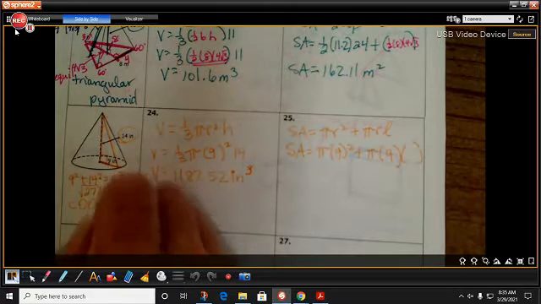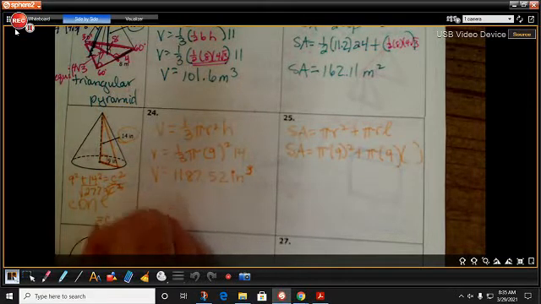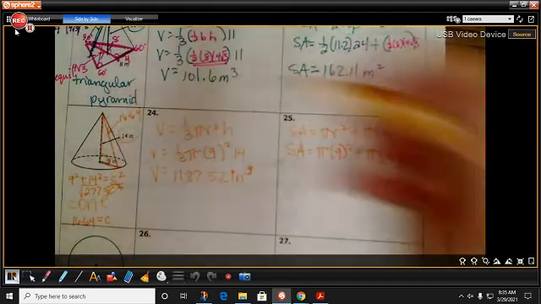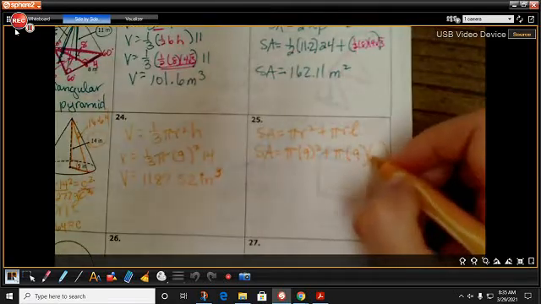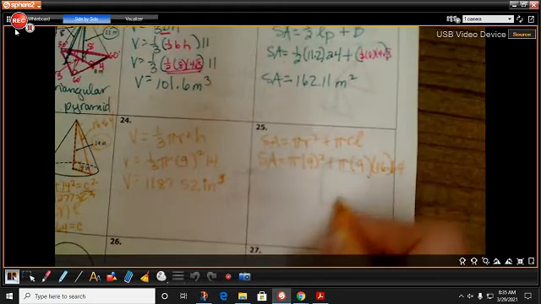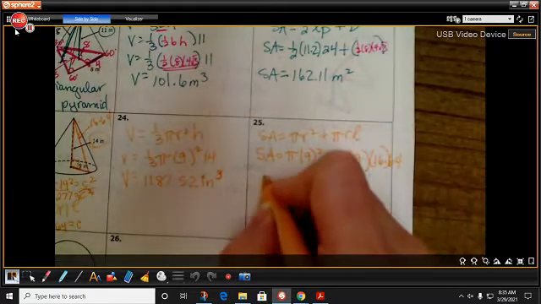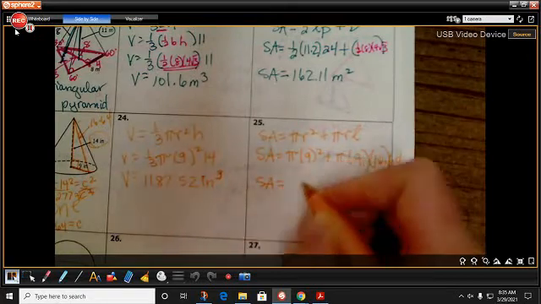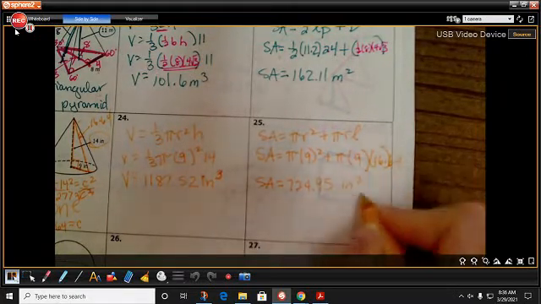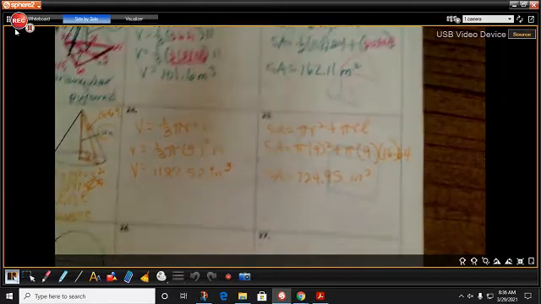I square root both sides, and my slant height is going to come out to be 16.64 for this slant height right here. So that's what I'm going to come over here now and put into my formula. Now it's just the calculator's job to get all this figured out, and my surface area comes out to be 724.95 square inches since it's an area.